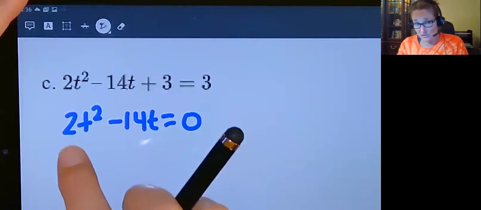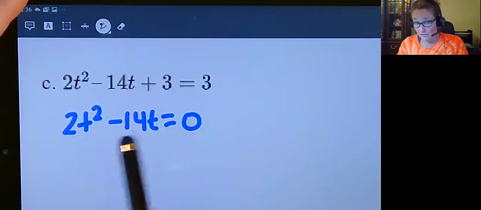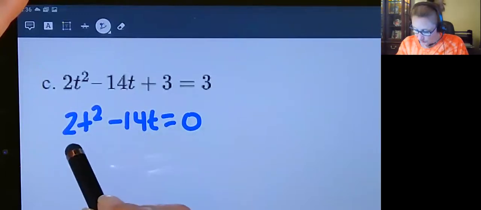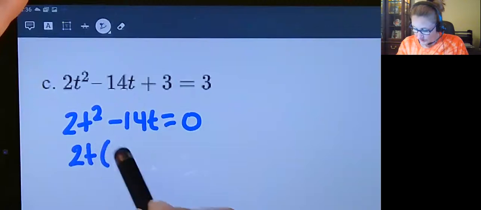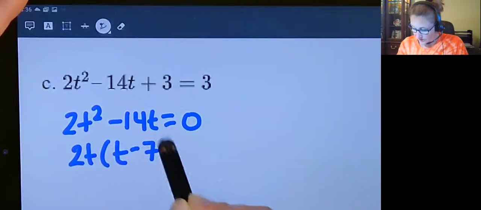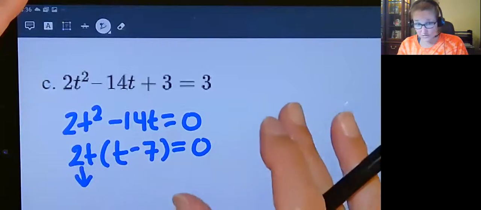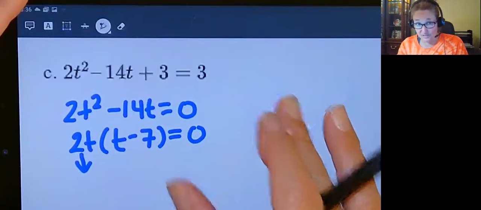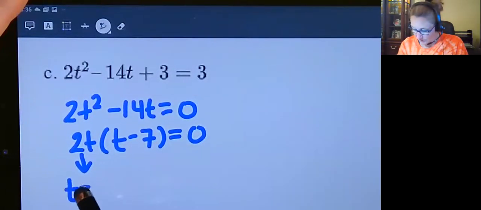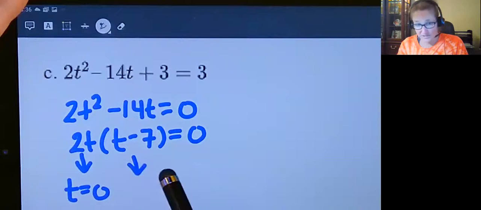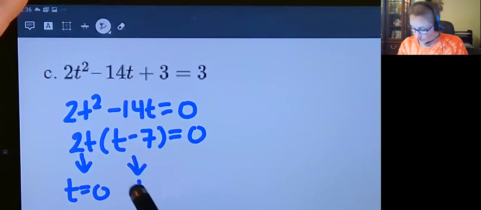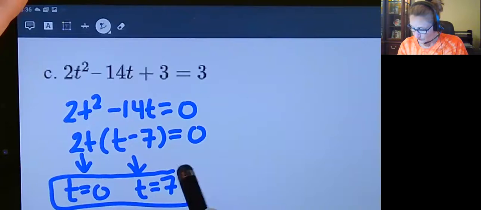In this case, I can factor out a 2 from each of the numbers and a t. So this is going to be 2t times (t minus 7) equals 0. Again, I'm going to set this equal to 0. What makes 2t 0 is t equals 0, and what makes t minus 7 0 is t equals 7. And those are your two answers.